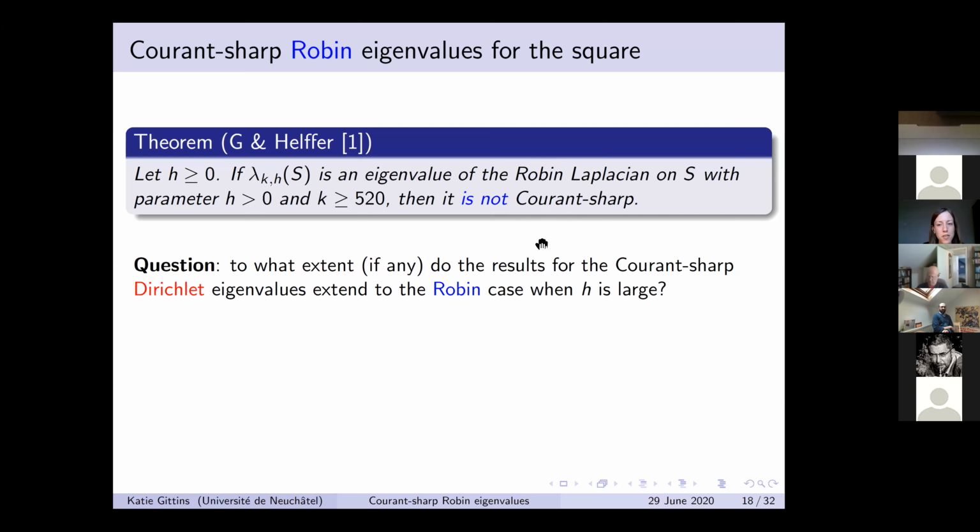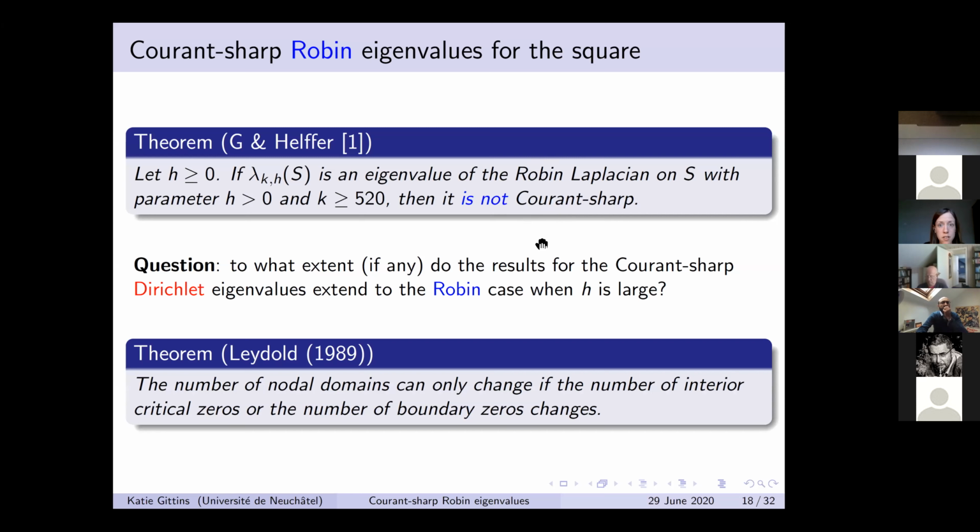But I wanted to talk to you about another approach for the large h case, which actually is to do with perturbations, and it's going to be based on this theorem due to Nodal here. So remember, we're interested in Courant-sharp Robin eigenvalues of the square for large h, and so we'll always have as a reference what the nodal partition is for the Dirichlet eigenfunction for the same lambda k.